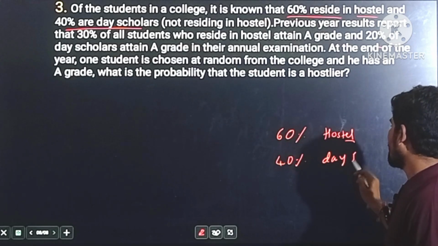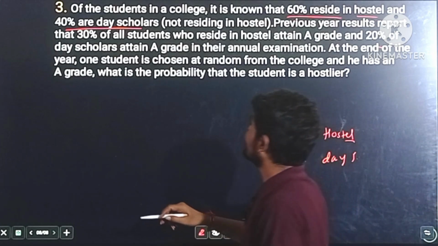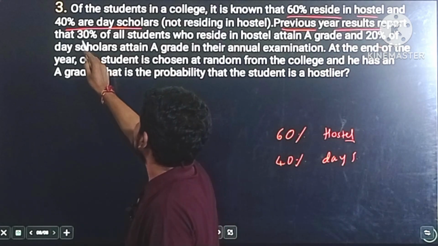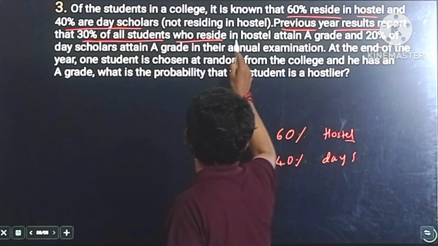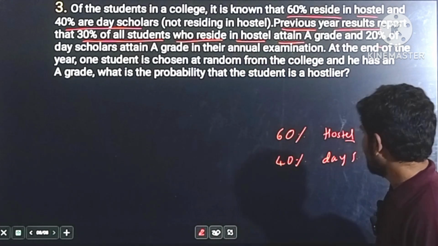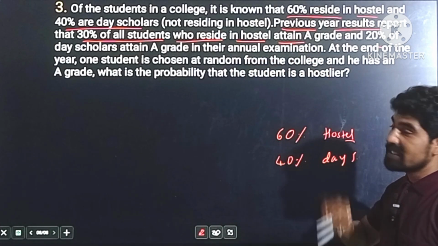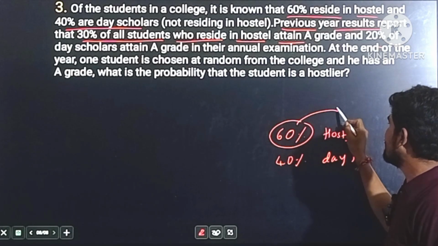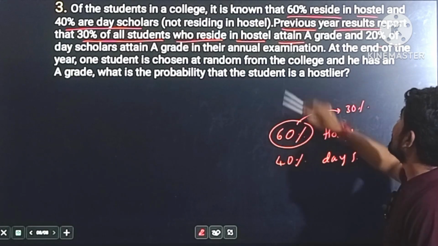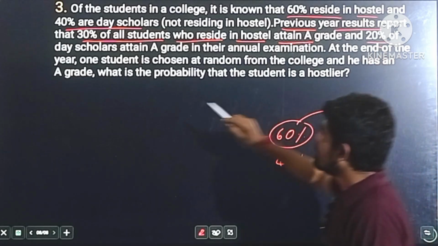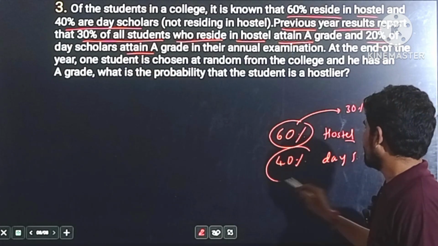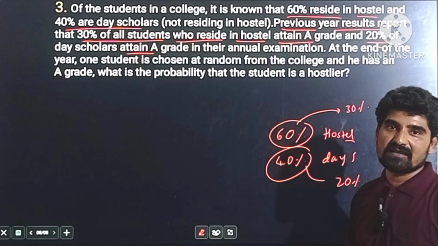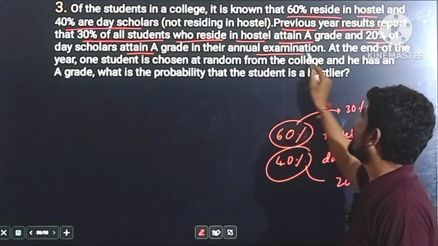Also it is given that previous year results report that 30% of the students residing in hostel attend A grade, and 20% of the students who are day scholars attend A grade.